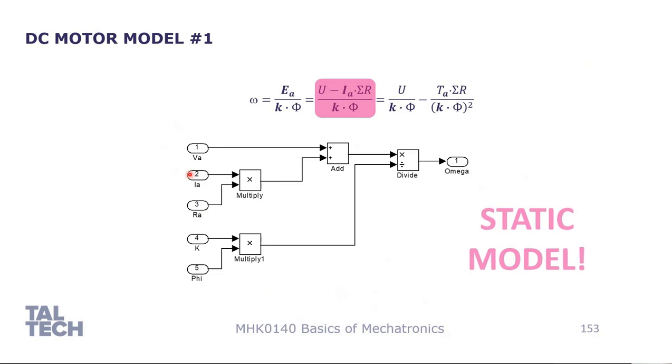But this will not work if we are talking about transient processes. So if we want to change the speed from one to another, or we want to slowly increase the torque, that will not work.